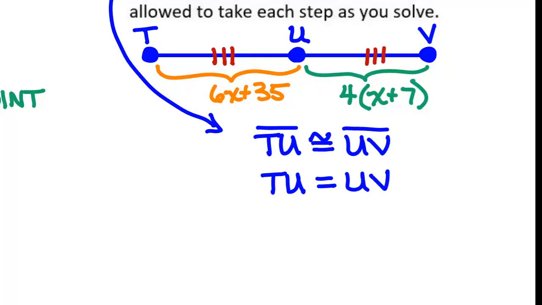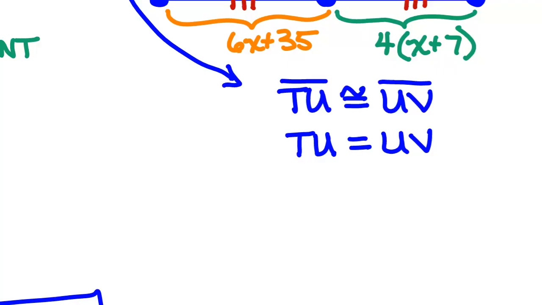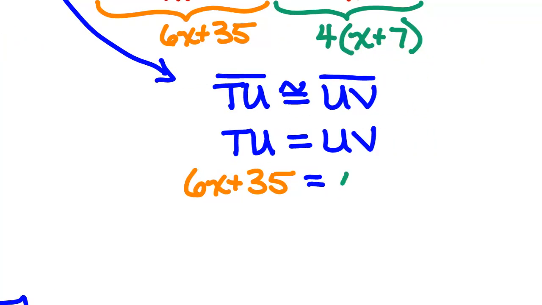So equal sign instead of congruence symbol. Now I'm going to replace TU and UV with their measurements. So 6x plus 35 is equal to 4 times x plus 7.